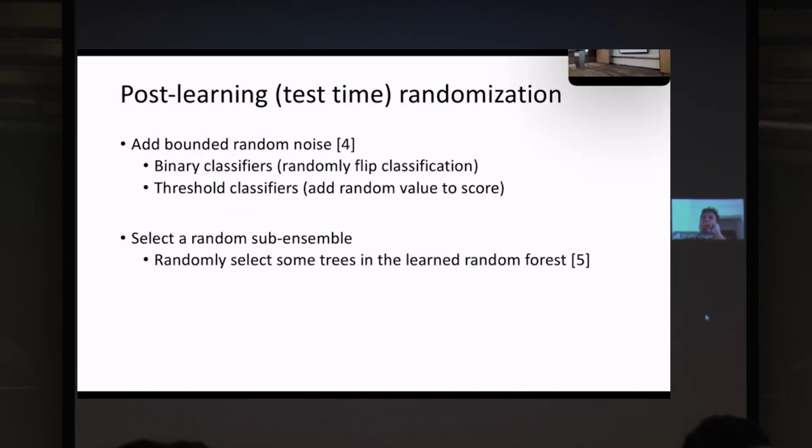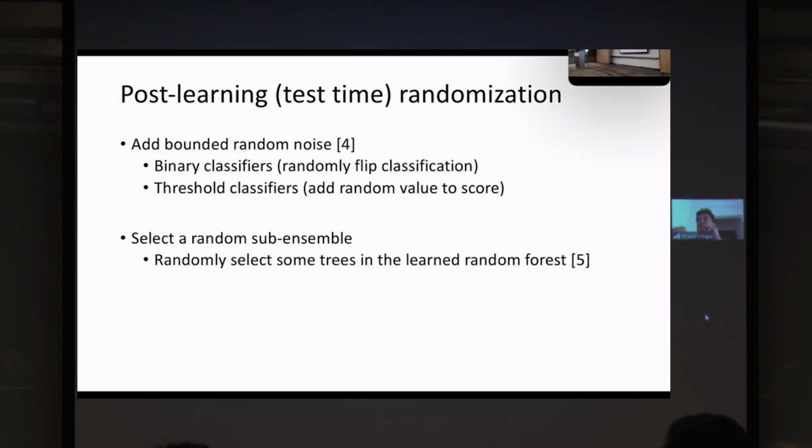Then the other approach is, instead of putting randomization at learning time, you put randomization at test time. And there are two approaches. One, which is general, is to use bounded random noise. So essentially, if you have a binary classifier, from time to time you randomly flip the classification, giving a wrong result.